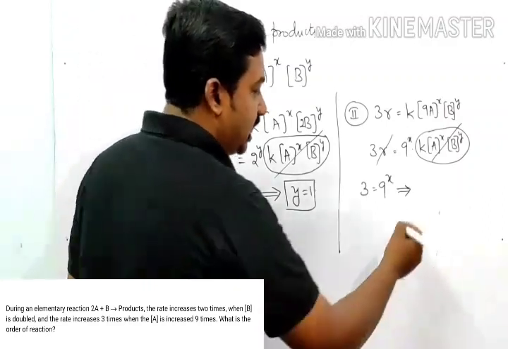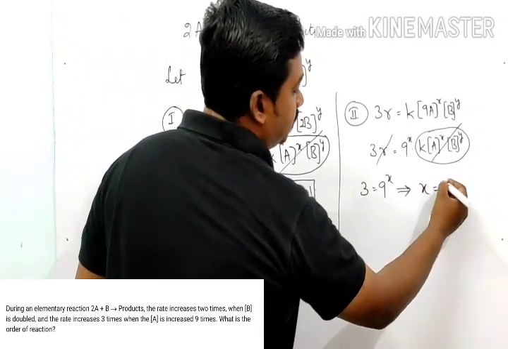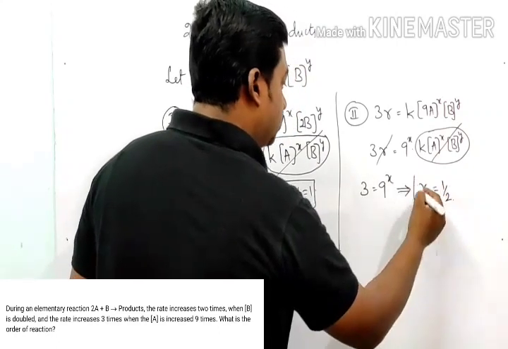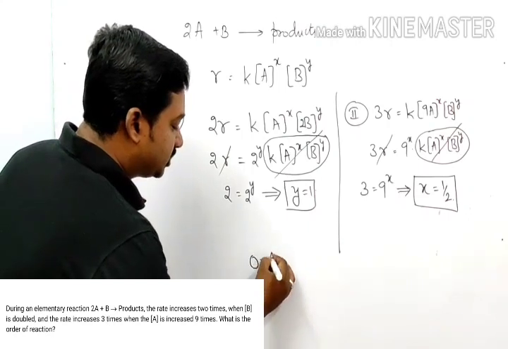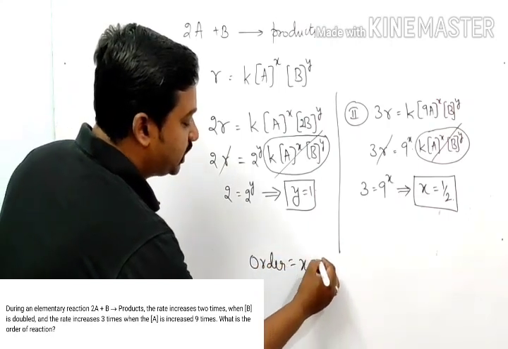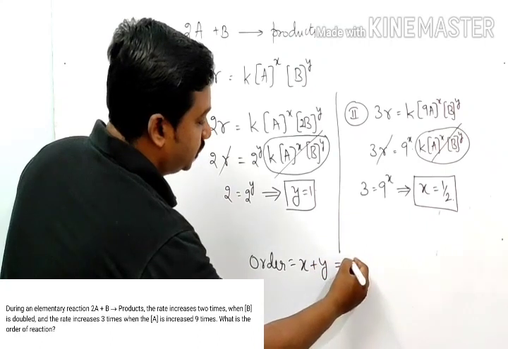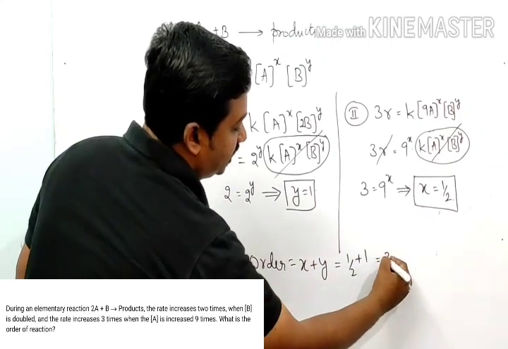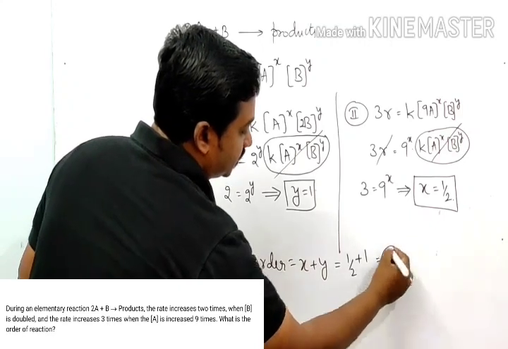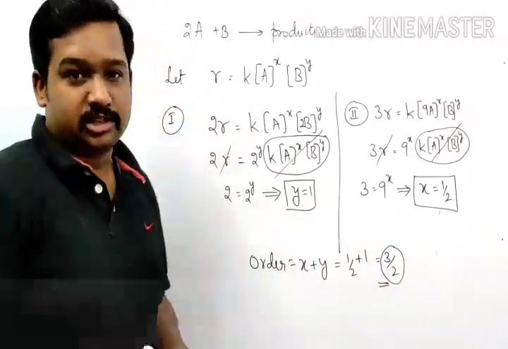Square root is nothing but half. So X is equal to 1 by 2. I got the values of X and Y both. Now the order of this reaction is X plus Y, which is equal to 1 by 2 plus 1, which is 3 by 2. So this is the overall order of reaction.